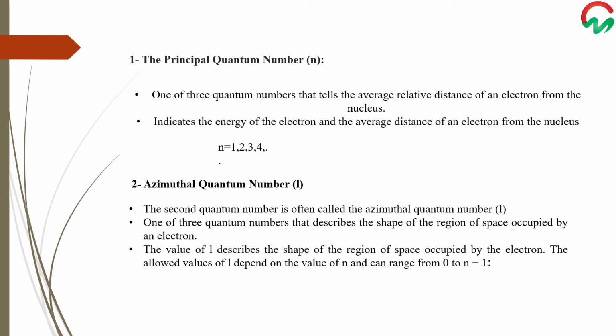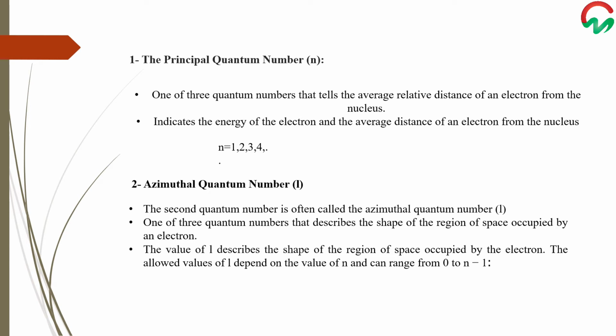The second quantum number that we are going to discuss is the azimuthal quantum number, which is denoted by L. It is one of the three quantum numbers that describe the shape of the region of space occupied by an electron.